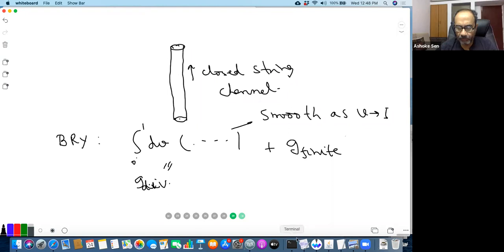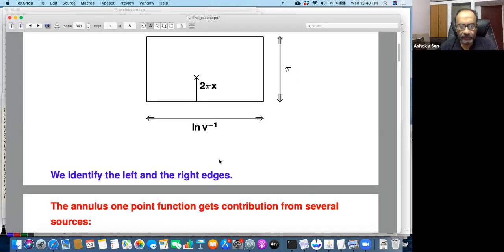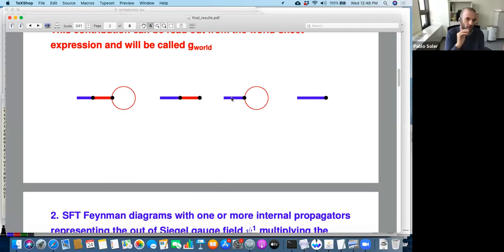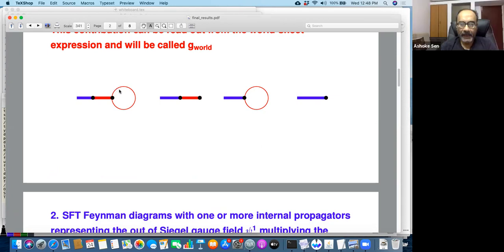Okay, let me go to the Feynman diagram again. So you want to put an extra closed string? No, not extra, but is it possible to replace one of those open string loops by a closed string loop, or is that just absent? That will be higher order. So to this order, it doesn't contribute.